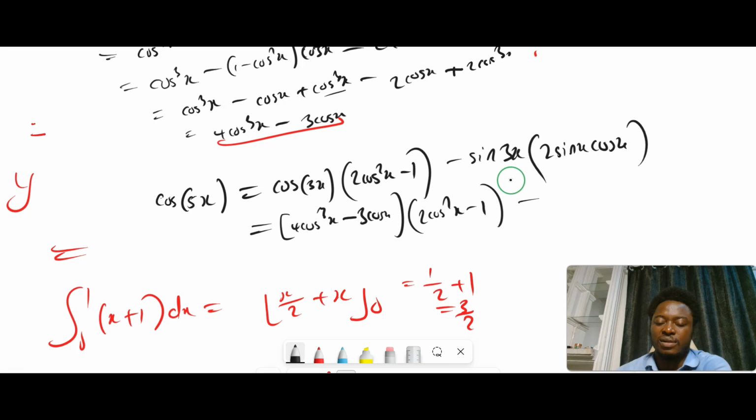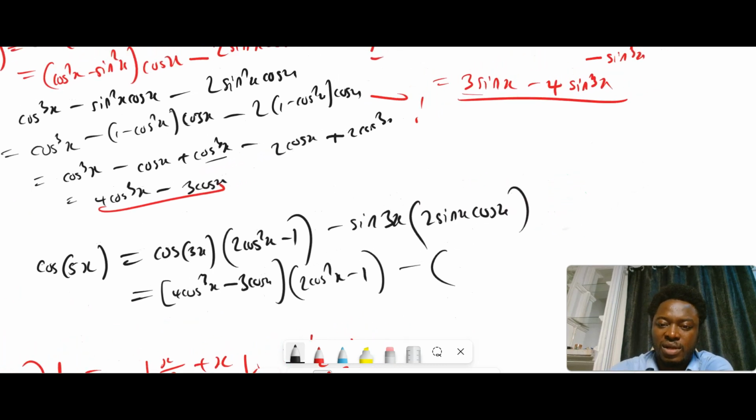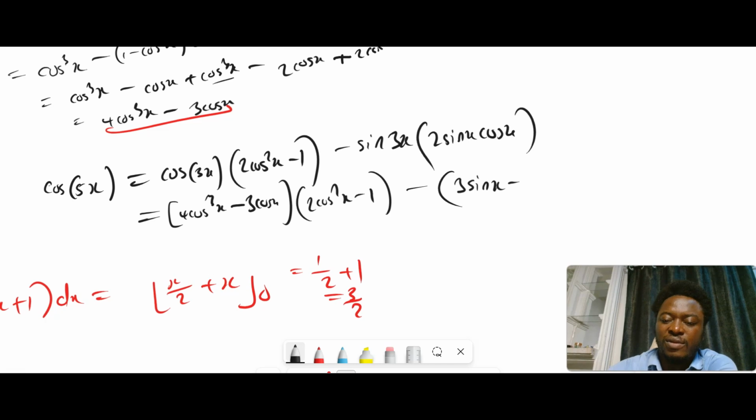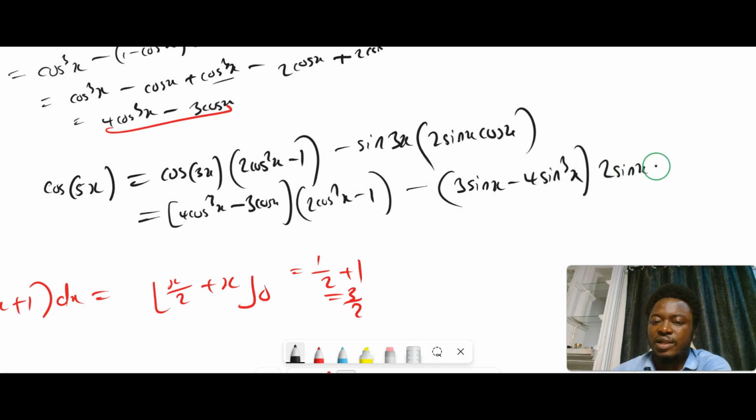Then minus this is going to be, I think, 3 sine x minus 4 sine cube x times what? 2 sine x cos x.